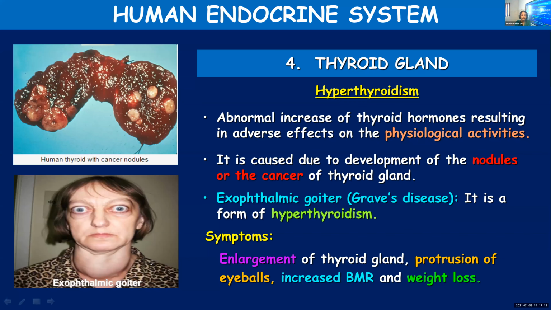The excess thyroid hormones can be released due to some abnormal growth or nodule formation in your thyroid gland. That can be one reason, it can be cancer. And apart from that, due to Graves' disease also, the thyroid hormones can increase in your blood, and in case this disease arises, the symptoms exhibited are protruded eyeballs, increased basal metabolic rate, loss of weight, enlargement of thyroid gland. Okay?